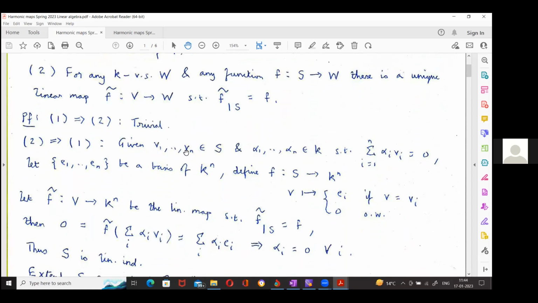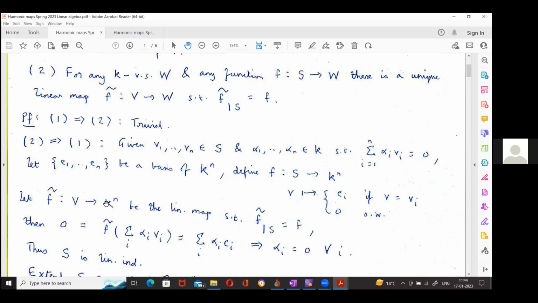If I give you n vectors in this set S, we take the vector space K^n and define a function on S which takes the vectors v1 to vn to the basis vectors e_i of K^n, and 0 otherwise.